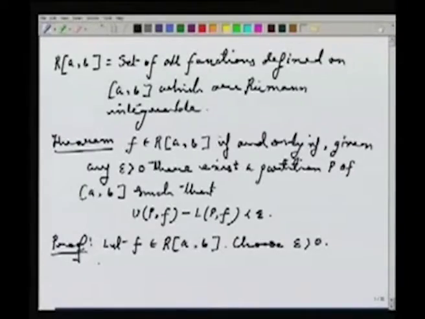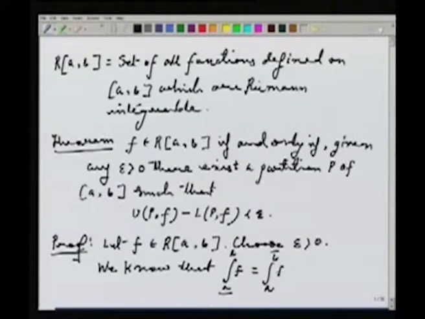Since f is Riemann integrable, I know the lower Riemann integral and the upper Riemann integral both are the same. So we know that the lower integral from a to b of f is the same as the upper integral from a to b of f. That is known to us. Now, what is the definition of this quantity?